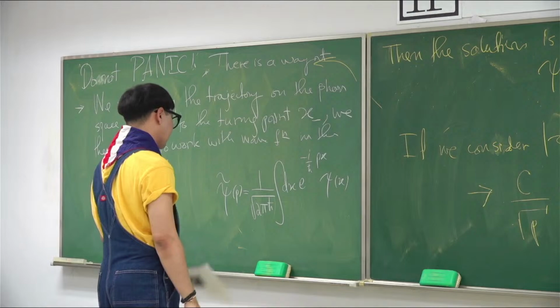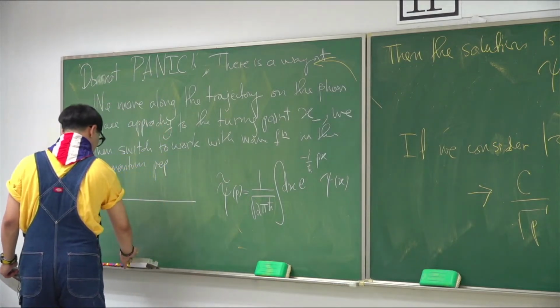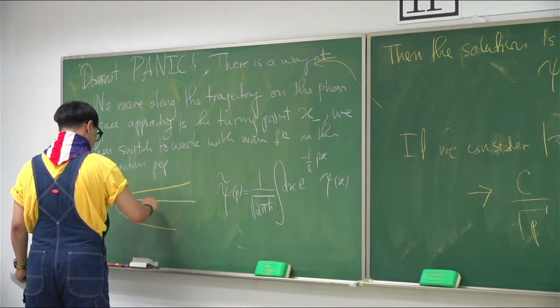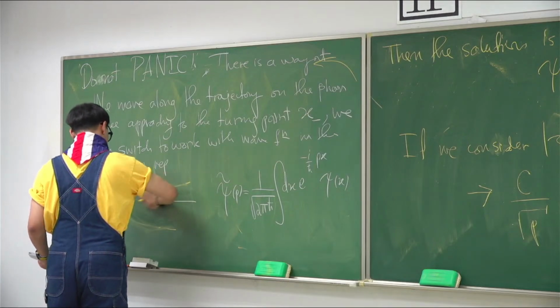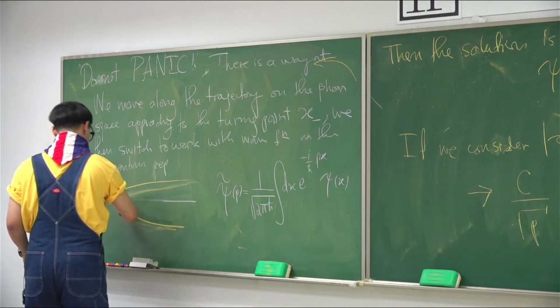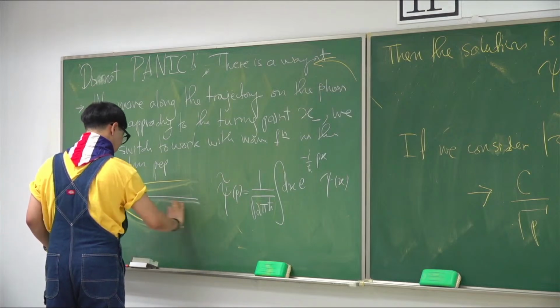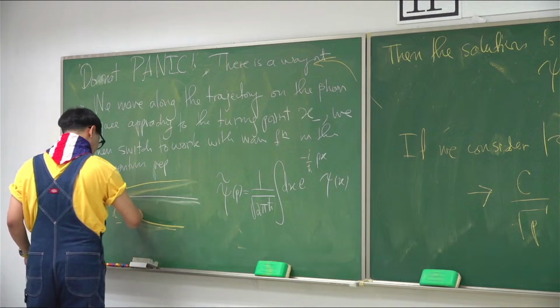Okay. So suppose that your trajectory, sorry, it's not that good. Let me draw it again. So suppose you have this as your, okay, this is your x minus.